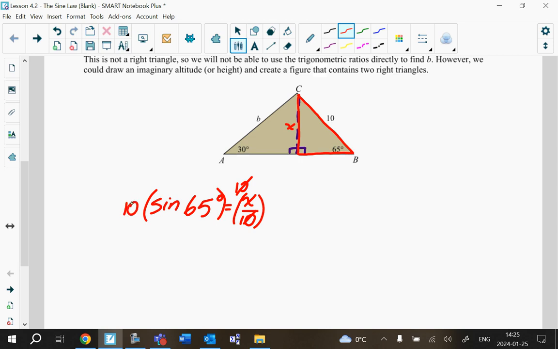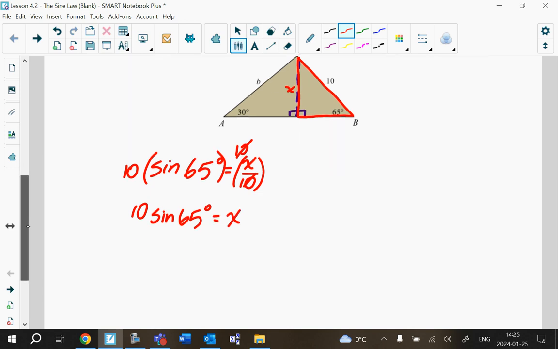So therefore, 10 times the sine of 65 is going to tell me what X is. Ready to use my calculator? And I'll just tell you, we get 9.1. So that's 9.1.